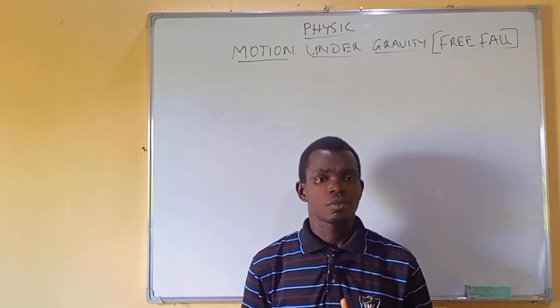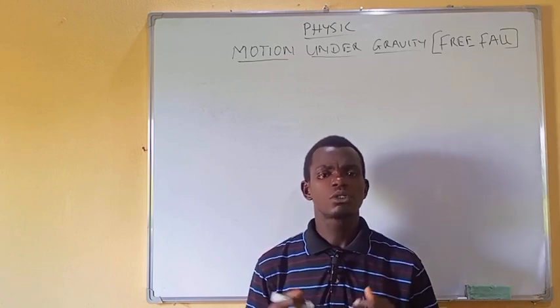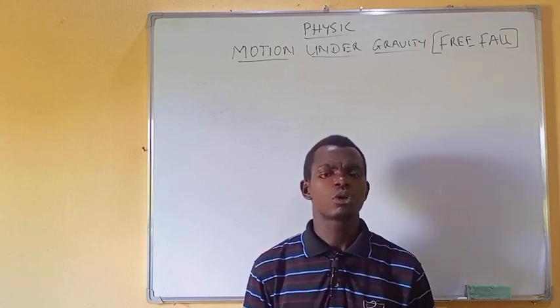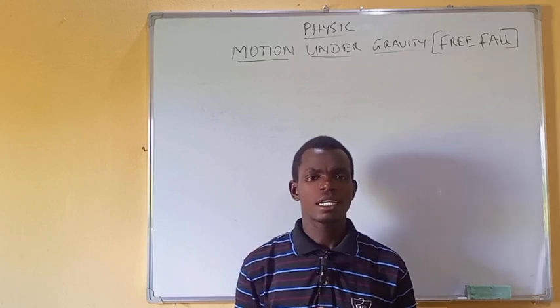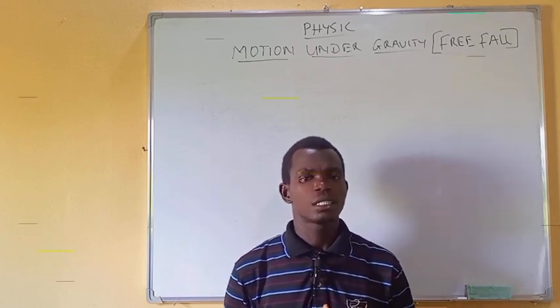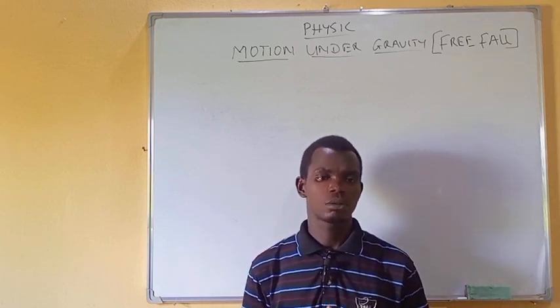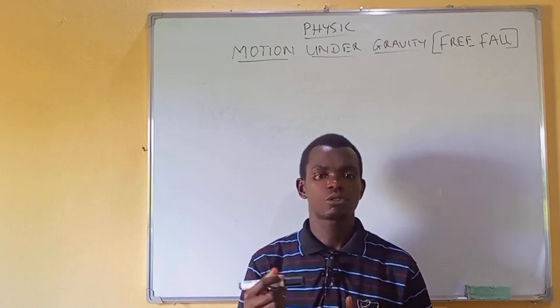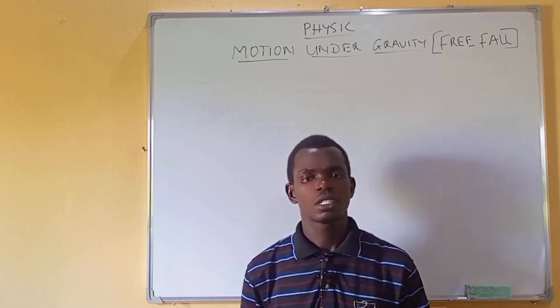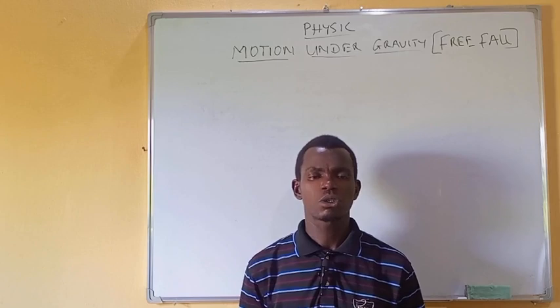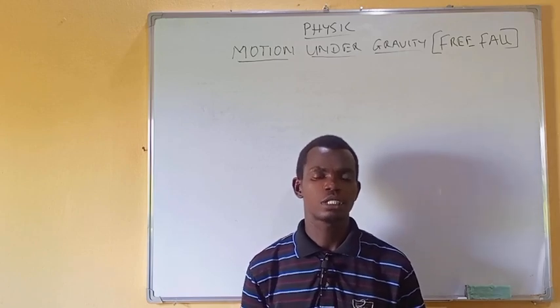The stone will gradually lose speed as it moves upward until it comes to a rest briefly. At that highest point, the final velocity is 0. And it begins to fall downward. That is the downward movement. And as it falls, its speed increases because of acceleration due to gravity.